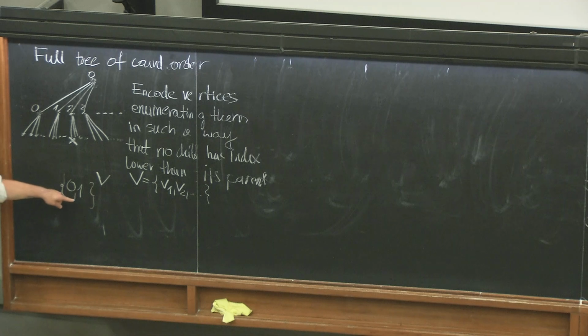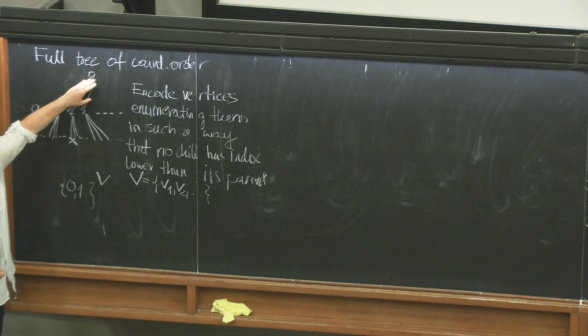So we take all characteristic functions from the set of vertices to the sequences of zeros and ones, okay? And say the full tree corresponds to the function which contains all vertices. So the full tree is now encoded as the constant one function.